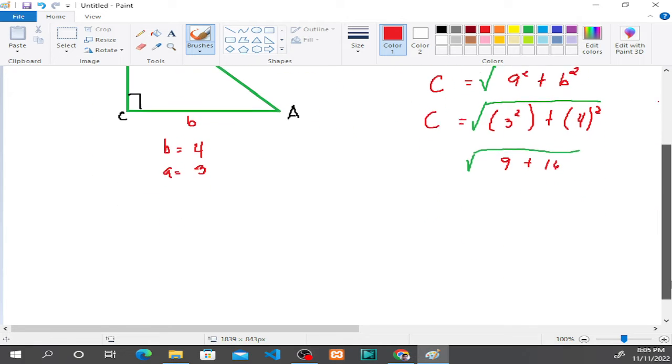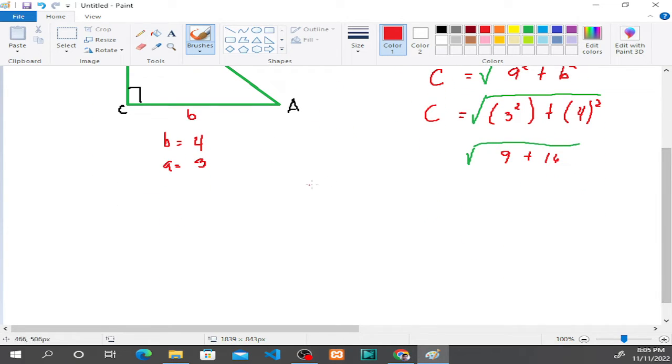We all know that when we add it together, you get 25. So the square root of 25 is the value of c, and c here is 5.